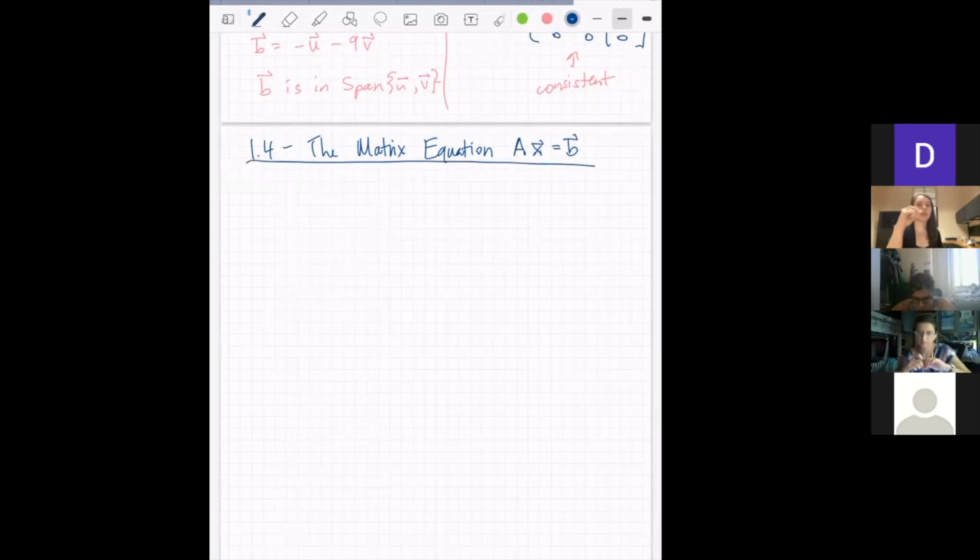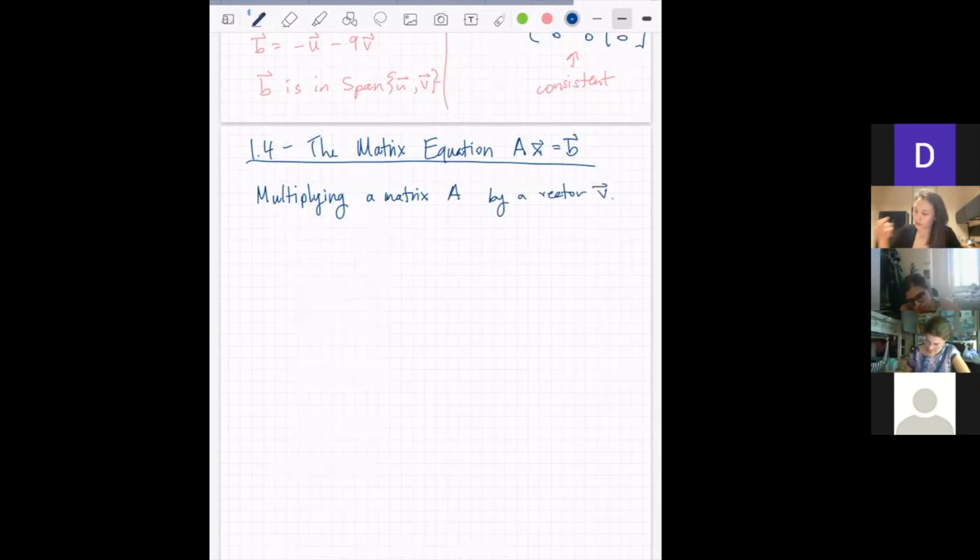Where remember that capital A we use for matrices. So first, let's talk about how to multiply a matrix A by a vector V.